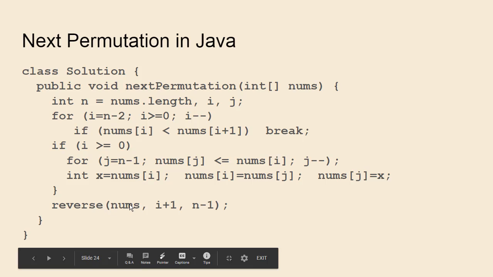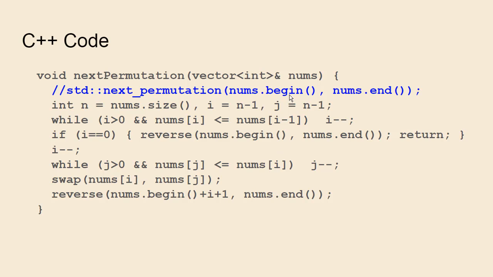This function will reverse the elements in the array starting from this index, ending at this index. And this is C++ code. In fact, you can also do this by simply calling next_permutation, because this is a part of the STL in C++.